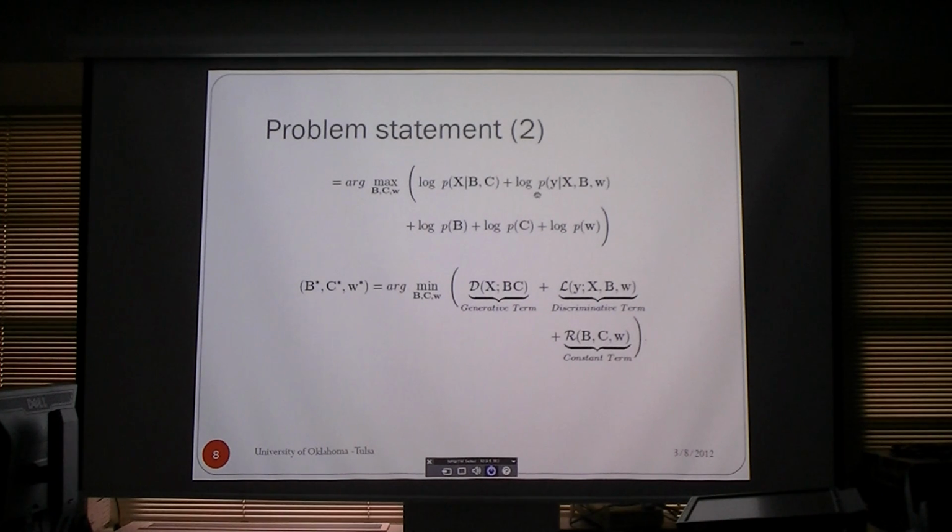The P(Y|X,B,W) is our discriminative term, and the log probability of B and the rest are our constant terms. For solving this problem, we must specify each term in this optimization problem.